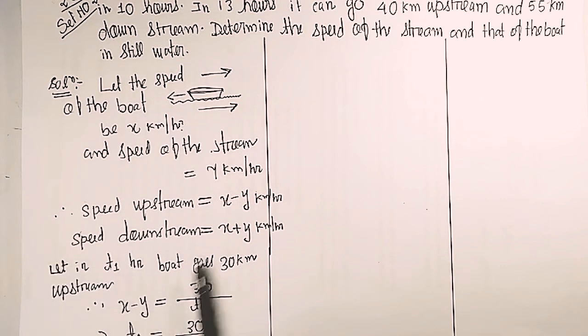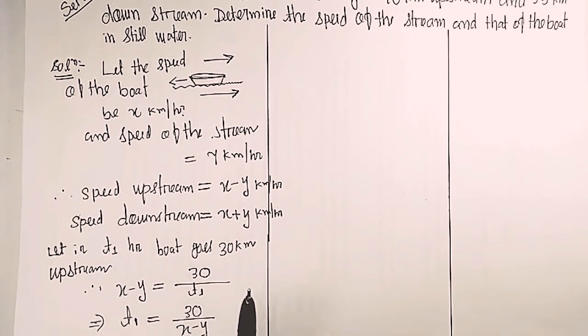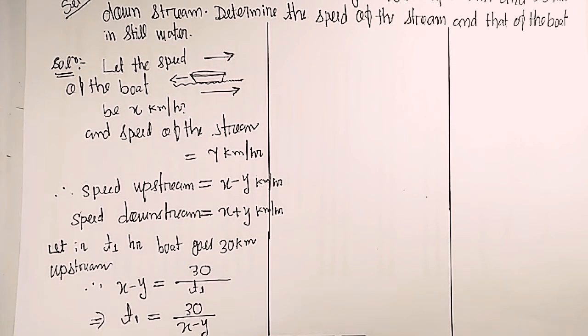So speed upstream we know is x minus y. Speed upstream is also distance traveled divided by time taken, so 30 divided by T1. So from here T1 equals 30 by x minus y.